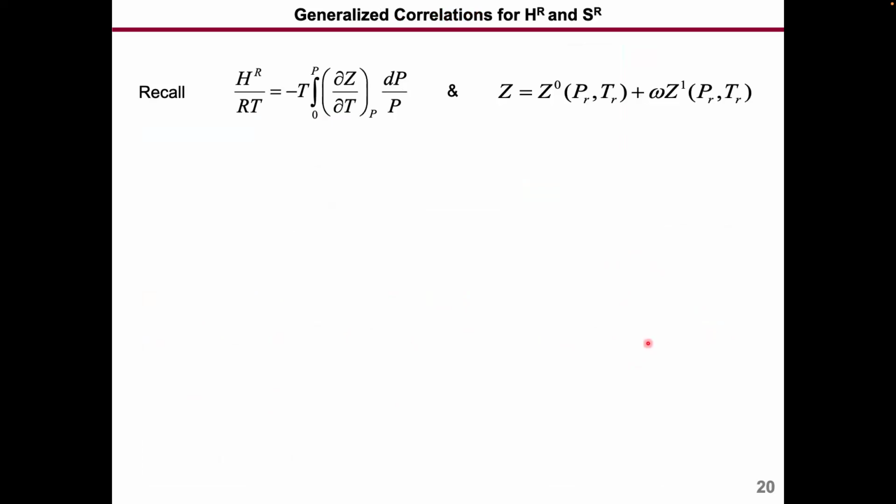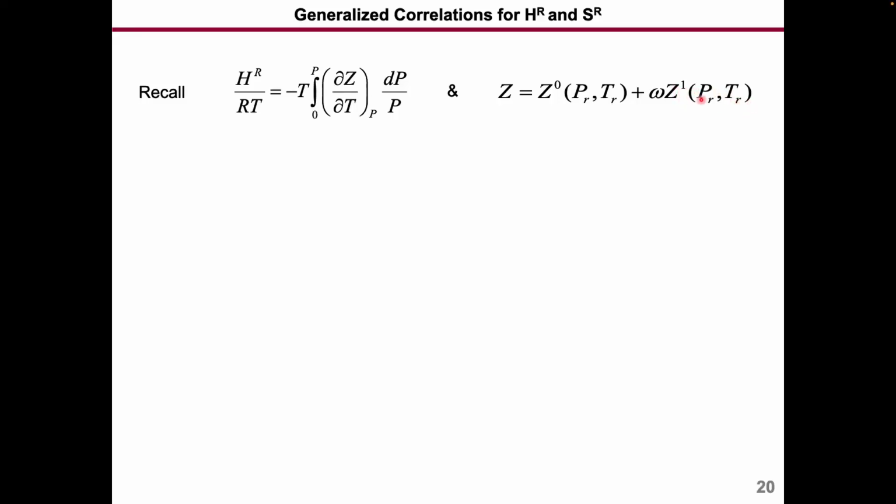Now, speaking of Z, you already know Z is equal to Z0 plus omega Z1. You can look up Z0 when you know TR and PR. Same thing with Z1.